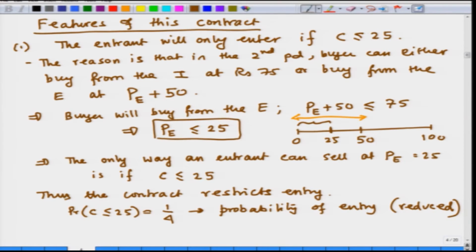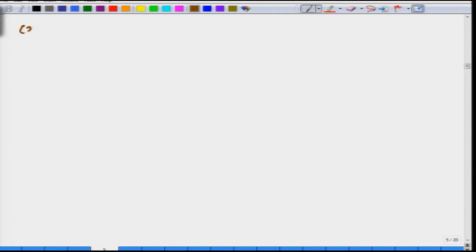Okay. So, that is the first observation. Now, let us ask, will the buyer sign the contract? Recall, in the absence of a contract, the buyer is guaranteed an expected surplus of rupees 25, right.